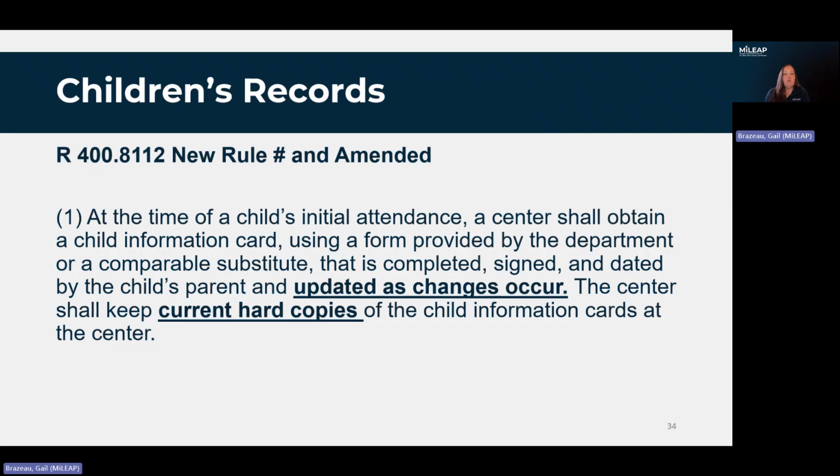The center shall keep current hard copies of the child information cards at the center. So you can see that bolded and underlined wording was what was amended about this rule. It has eliminated the annual update, and now it states updates should be made as changes occur. And it specifies that you must have current hard copies on file at the center.